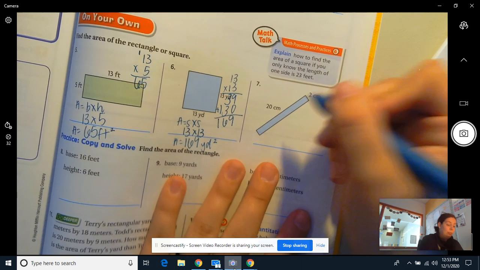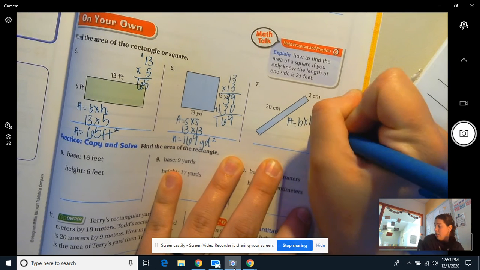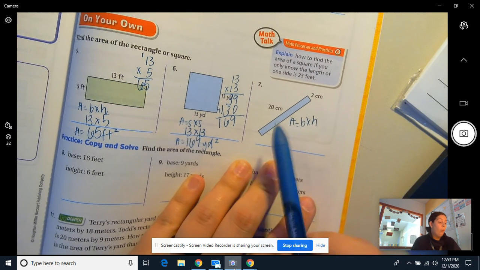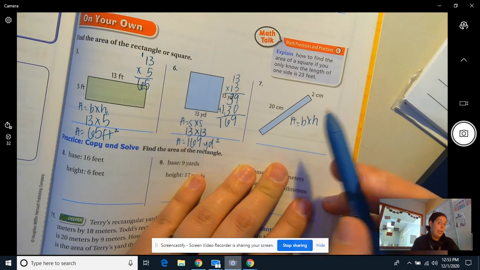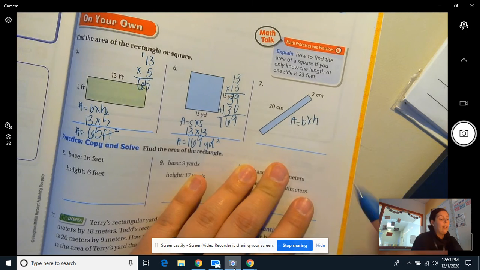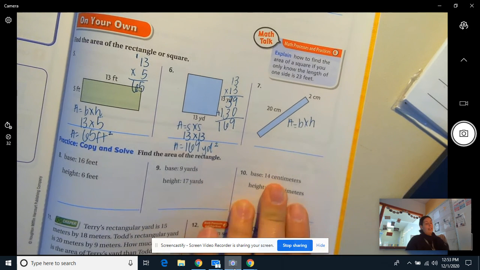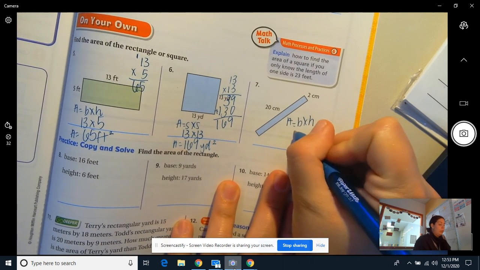A equals B times H. Okay, A equals B times H. Now, what is my B? Base. Yes, what number would I put there? Now, this shape is diagonal instead of straight, so I would put what, 20? Yeah.